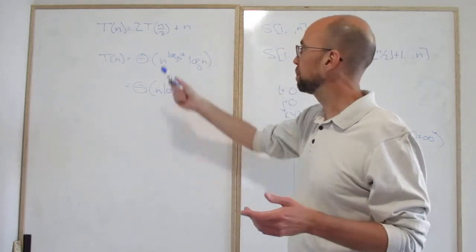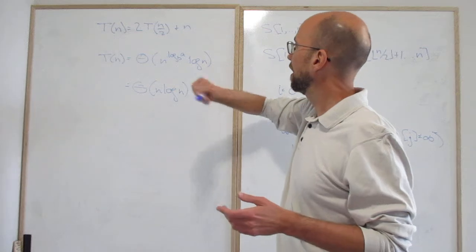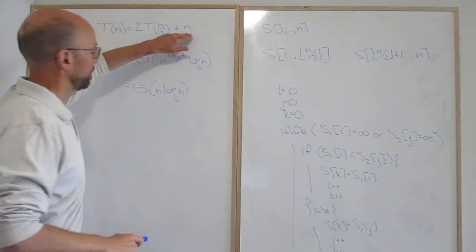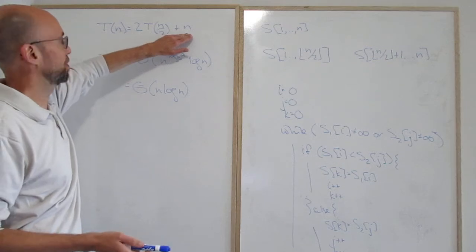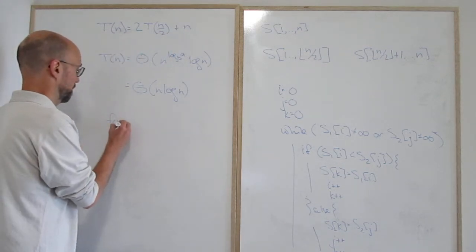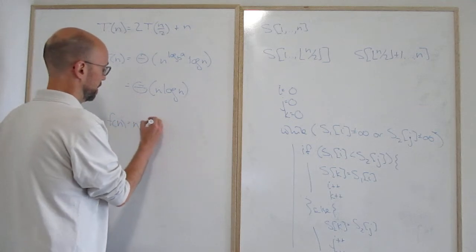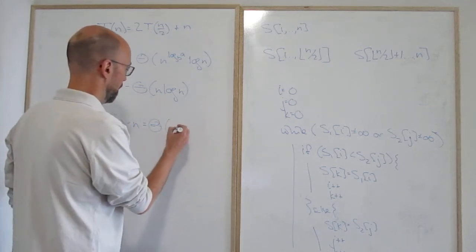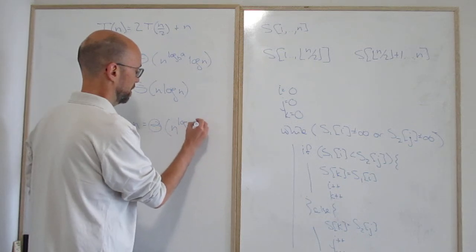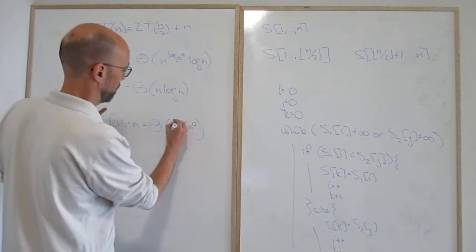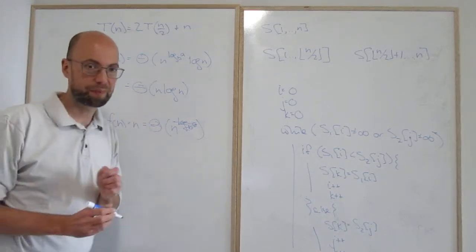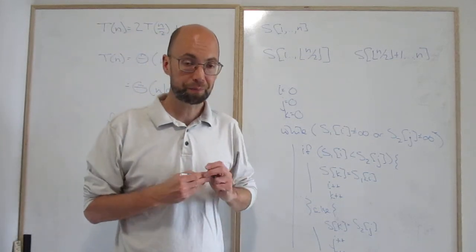Yes, because here, I said this in the lecture notes. So f(n) equals theta of n to the log base b of a. This is just log base 2 of 2. So this is 1, so this is theta n. Yes. Thank you for reminding me about that.